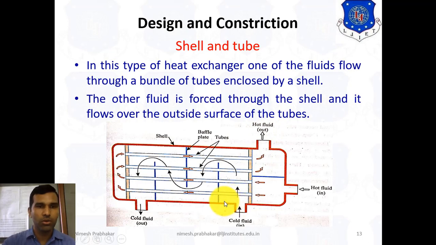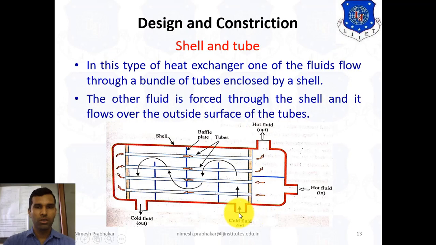Here cold fluid flows in the tube and hot fluid flows surrounding this tube. The hot fluid comes in from this direction and flows like this, and then the hot fluid goes out.